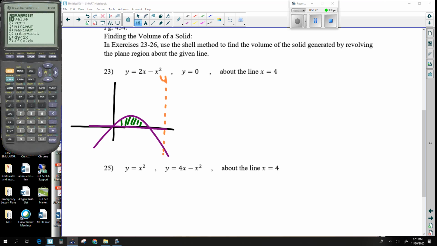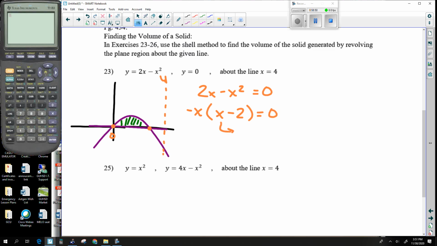So where's the top of this mountain here? Nope, sorry. Don't care. I do need to know where this stops though. This is 0 and positive 2.